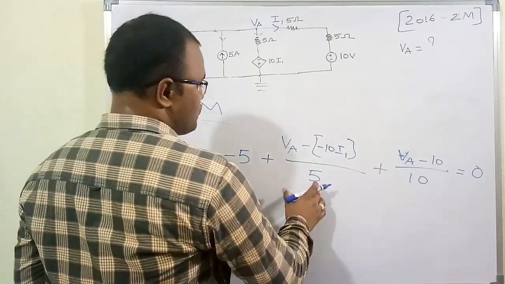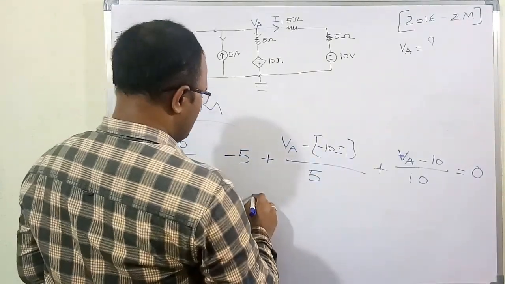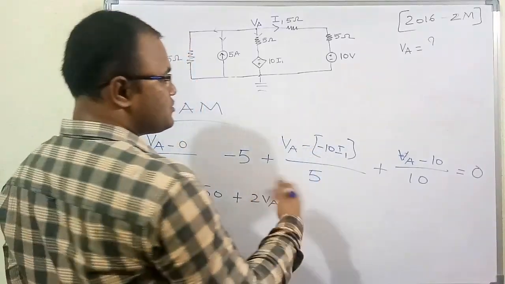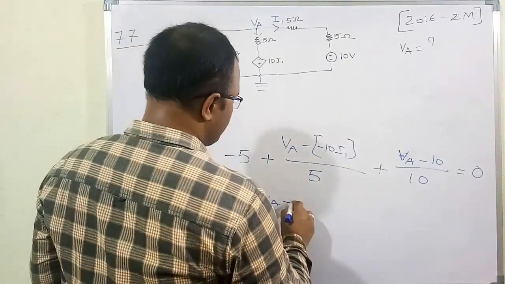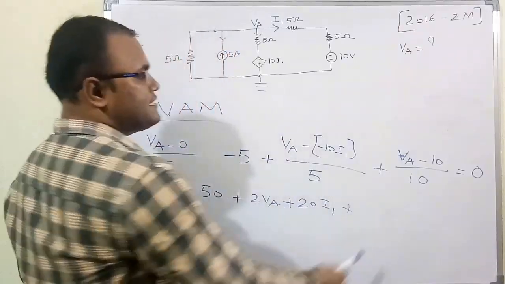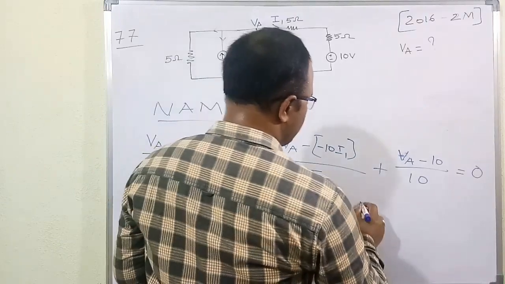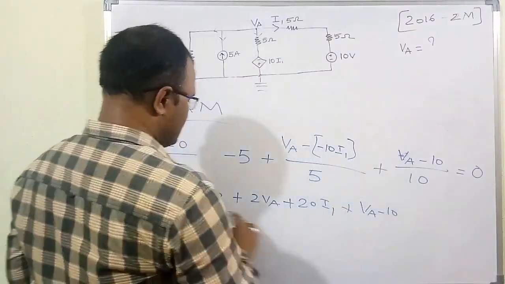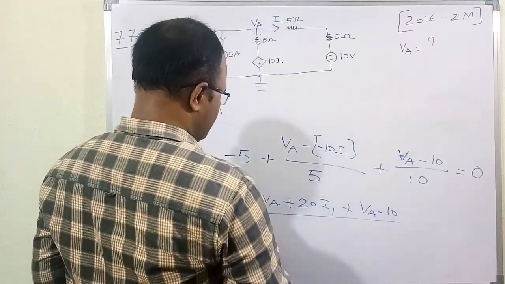LCM is 10, so 5 times 2 is 10, so it will become 2Va. So 2Va minus 2 minus plus, so plus 10 into 2 becomes 20, plus 20 I1, plus, here the LCM is 10, so nothing to multiply. So Va minus 10, the total LCM is 10, is equal to 0.